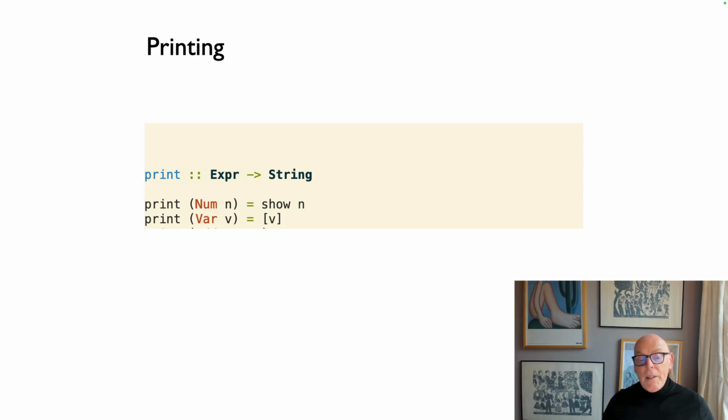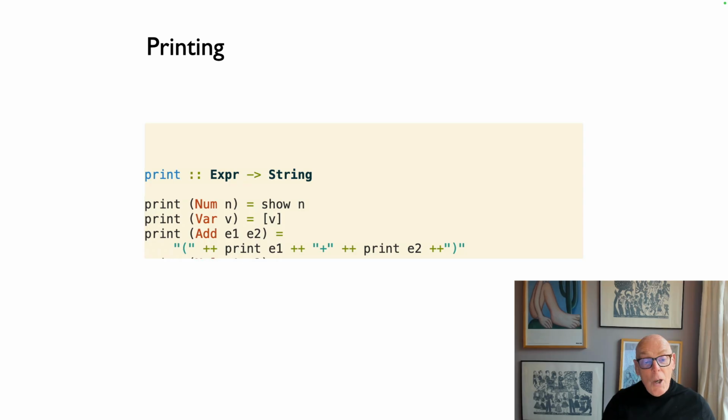How about dealing with an addition? Well, on the previous slide, I think I showed you that we can think about the addition as a parenthesis, followed by how we print the left-hand side, followed by a plus, followed by how we print the right-hand side, followed by a closed parenthesis.